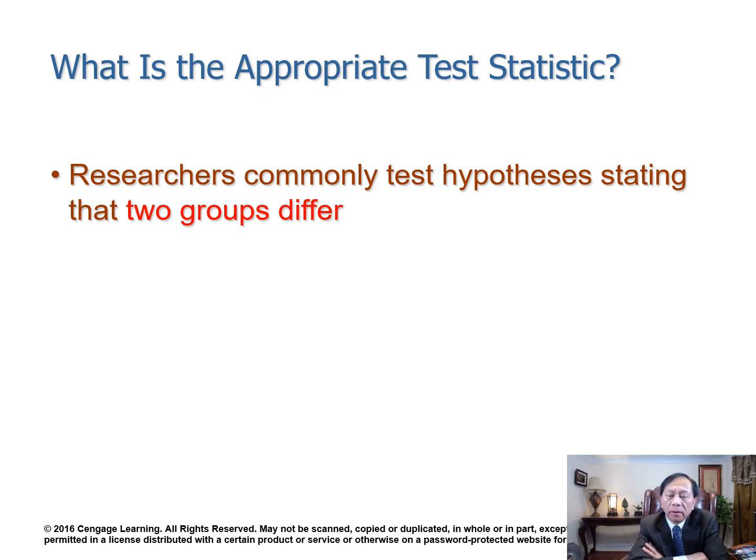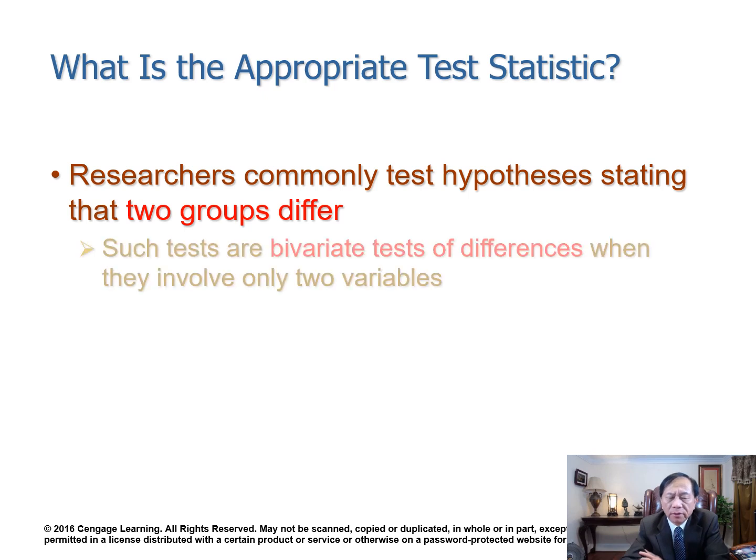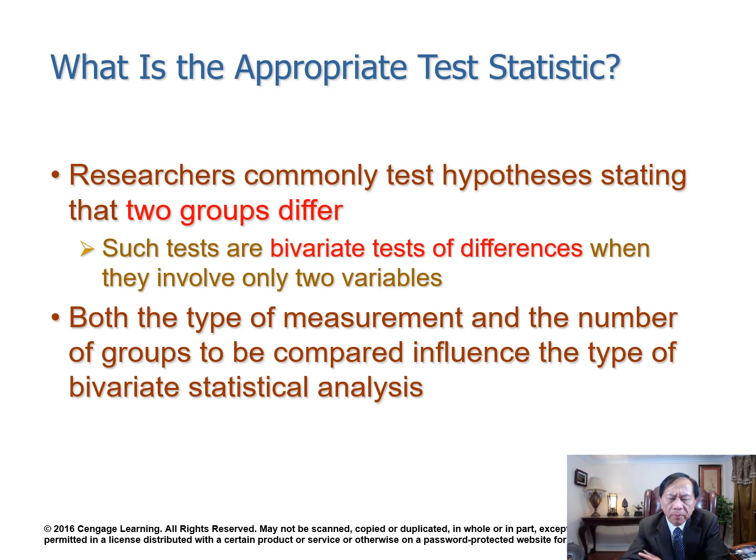For example, men and women are different with regard to certain things they do or believe, and heavy user versus light user of a product may have different characteristics. Such tests are bivariate tests of differences when they involve only two variables.